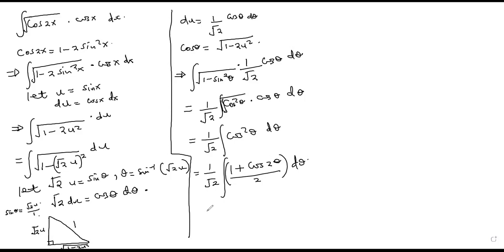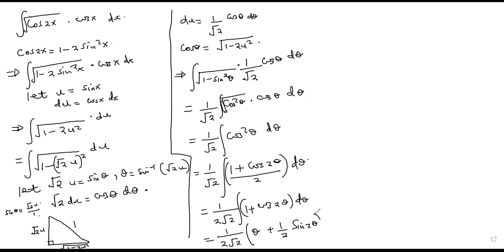I can bring in a 2 outside, so that it becomes 1 over 2 root 2 times the integral of 1 plus cos 2 theta d theta. When you integrate with respect to theta, 1 will become theta, and when you integrate cos 2 theta, it will become a half sine 2 theta plus a constant of integration.